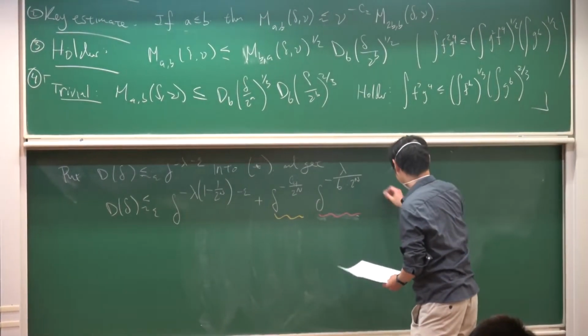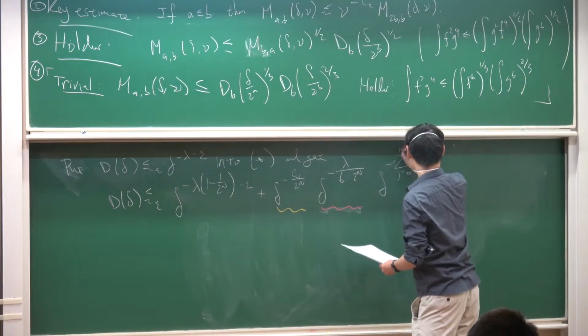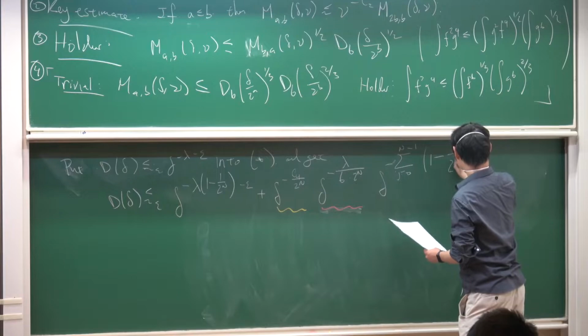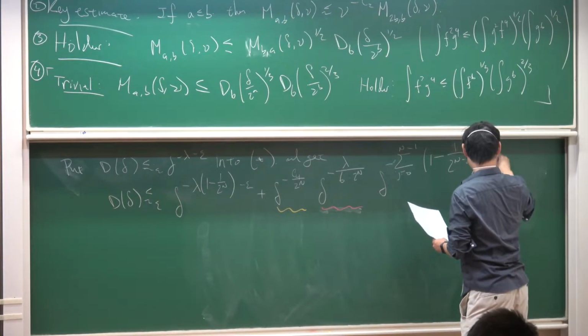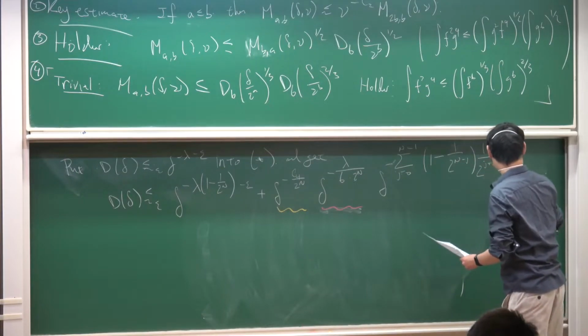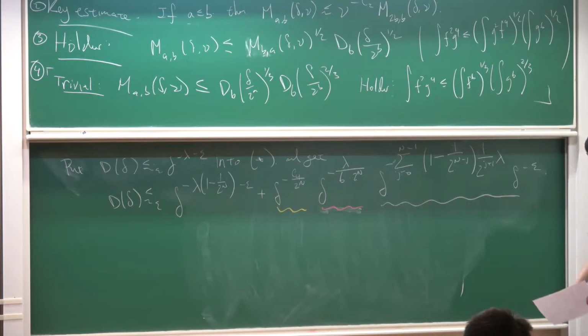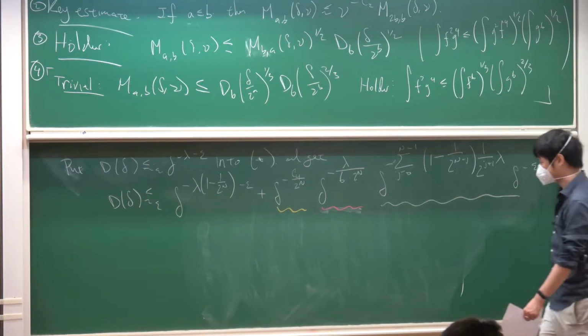And then the last one: you'll get delta to the minus the sum from j equals 0 to n minus 1 of 1 minus 1 over 2 to the n minus j, times 1 over 2 to the j plus 1 lambda, delta to the minus epsilon. Just plug it in. Now you have to wonder about what this sum is, so you have to combine everything.